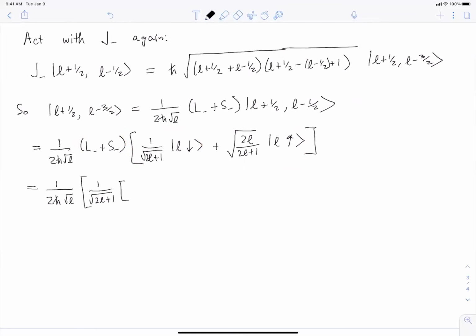Okay, and so for the first term, we get h bar square root of (L plus L)(L minus L plus 1), L minus 1 down arrow. That's from L minus acting on this state. And from S minus acting on this state, we get nothing because S minus acting on a spin that's already down tries to lower it further, and it can't. So we get plus 0.